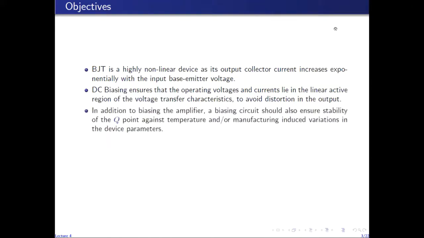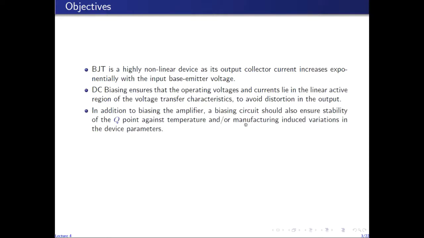So as we saw in lecture 3, the output collector current as well as the output collector emitter voltage of a BJT amplifier depend on the transistor parameters. For example, the collector current is given by the scale current of the transistor, which is a strong function of the temperature. So by varying the temperature, the scale current varies, which in turn varies the bias point of the amplifier.